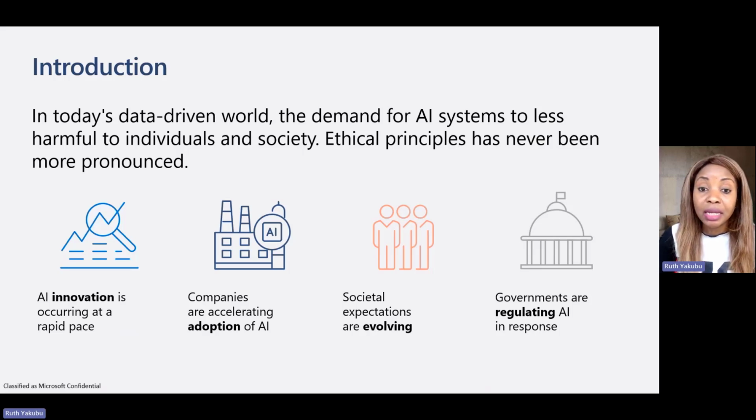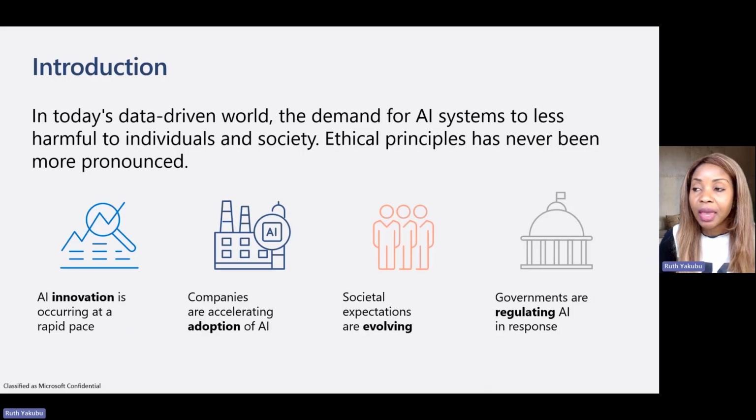The next thing is society. Society's expectation is evolving and increasing. Everybody, even your grandma, is talking about OpenAI. But the main core thing is there is a lot of scrutiny around the powerful capabilities of OpenAI and some of the concerns they have for regulations to be in place.